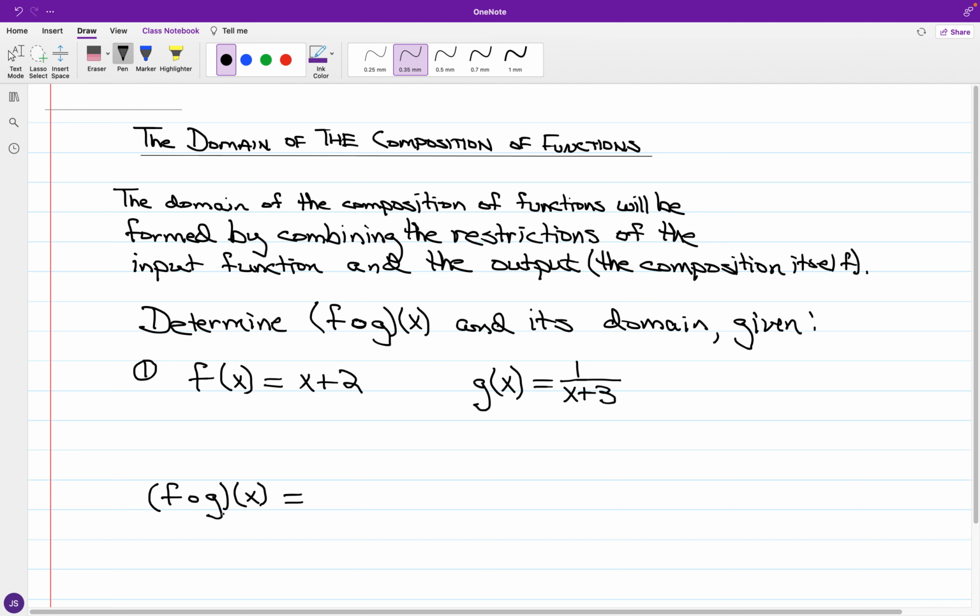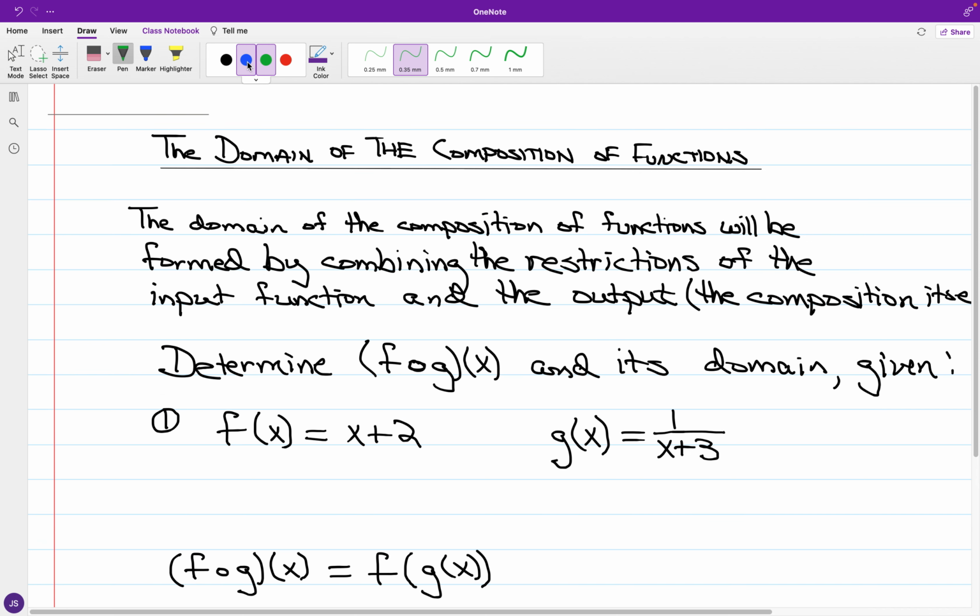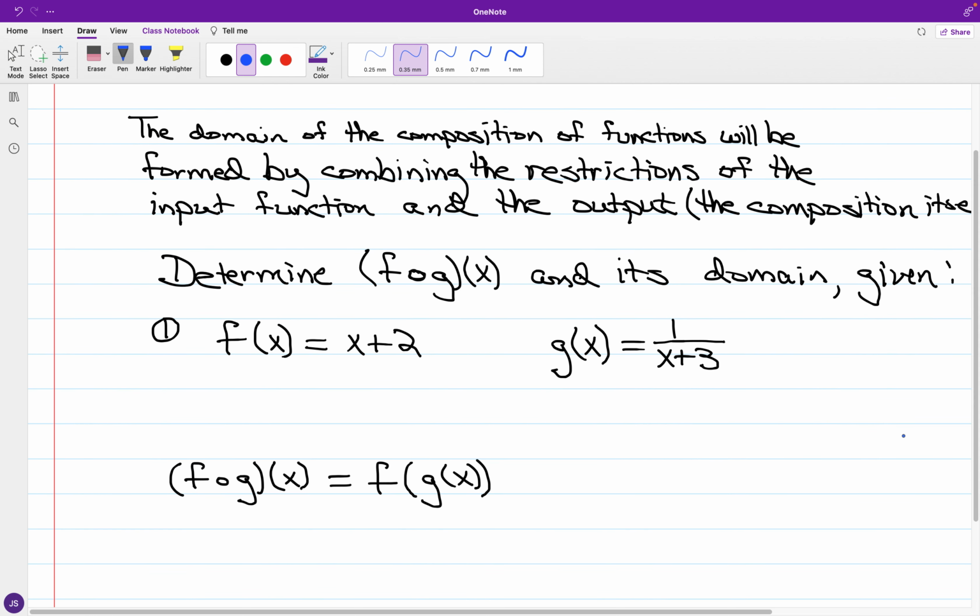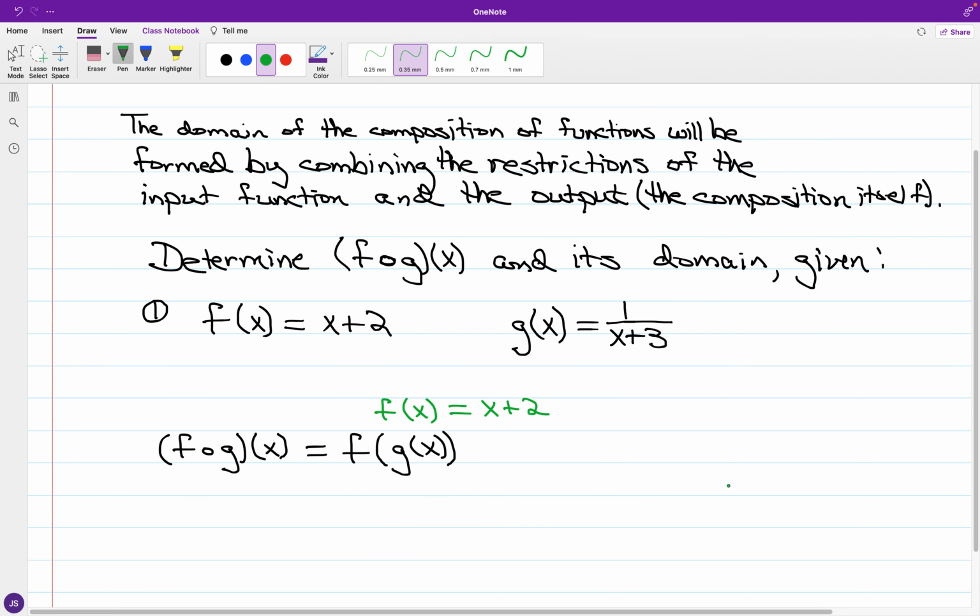All right, so if we're looking at f composed with g of x, so looking at f of g of x, the output function is going to be in line with f, where f of the input is equal to the input plus 2.